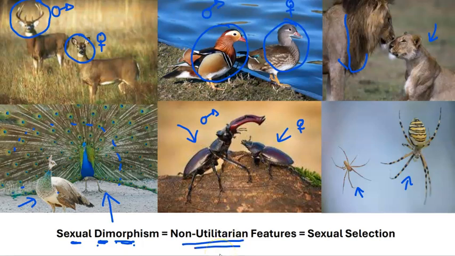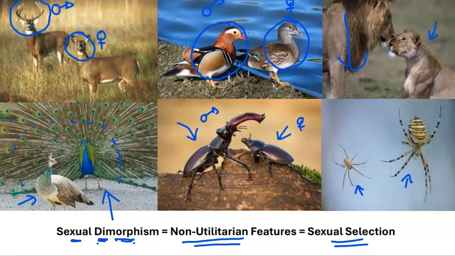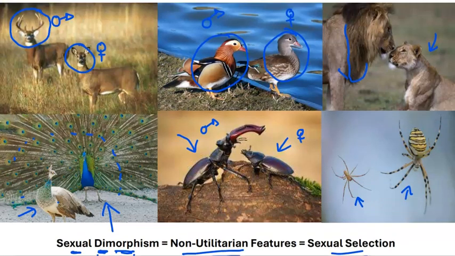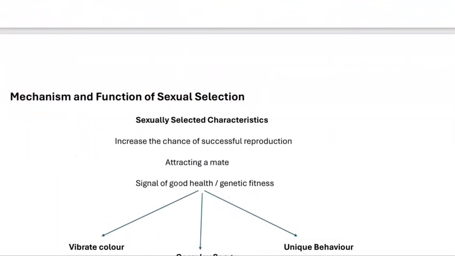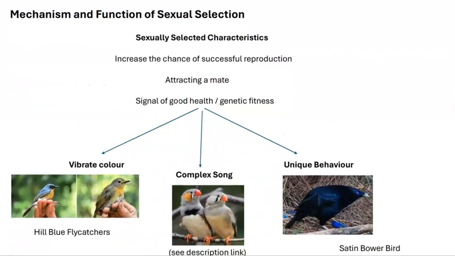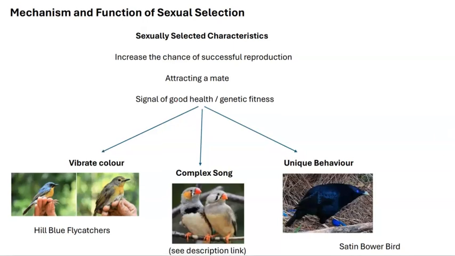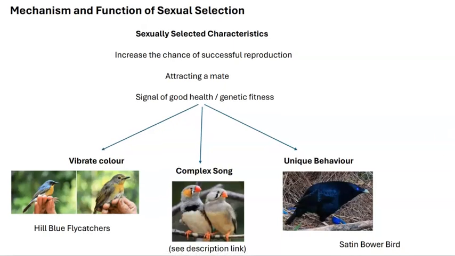Utilitarian refers to useful features required for everyday survival, but the singular role of non-utilitarian features is purely what we call sexual selection, and the ability of the male to be able to breed with the female, or to allow the female to select the best male for reproductive purposes. And that best male is really to do with improving the likelihood or the chances of the survival of their offspring. So let's take a look at how this might work.